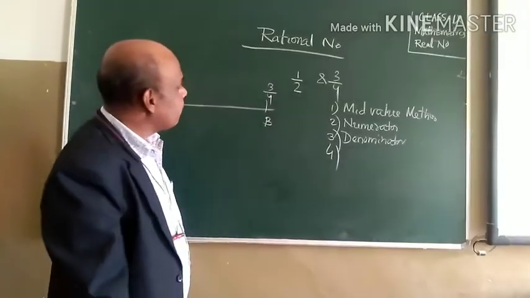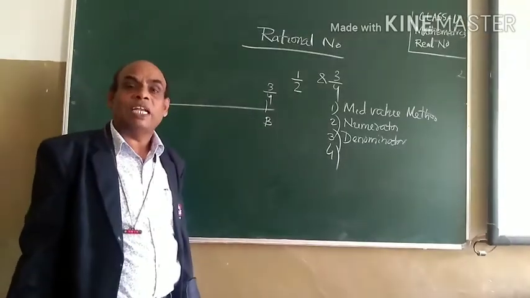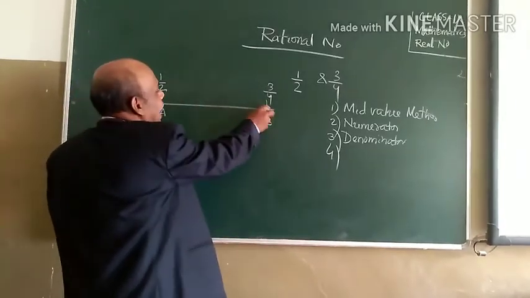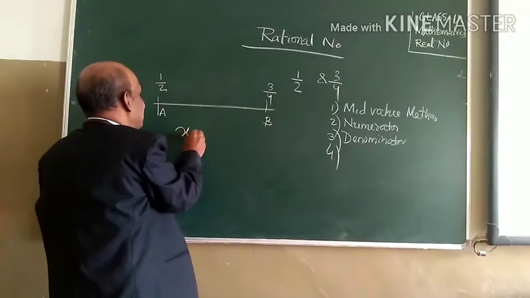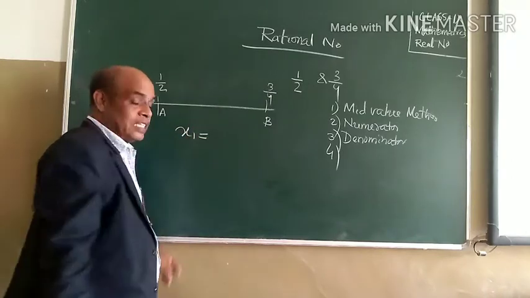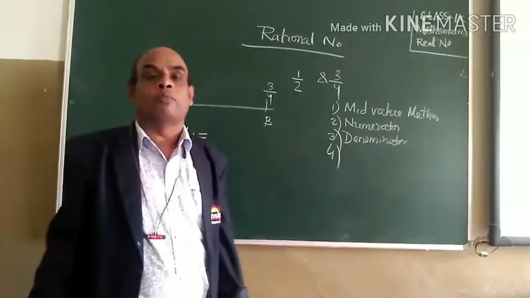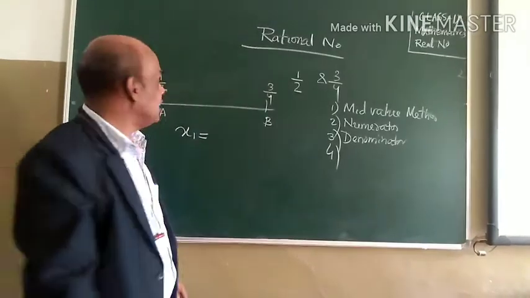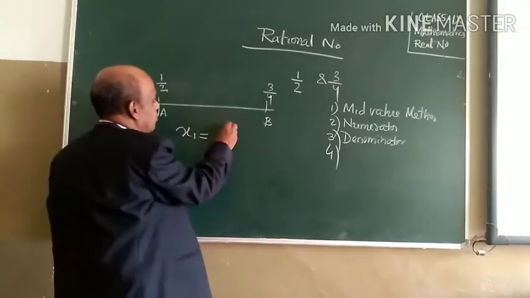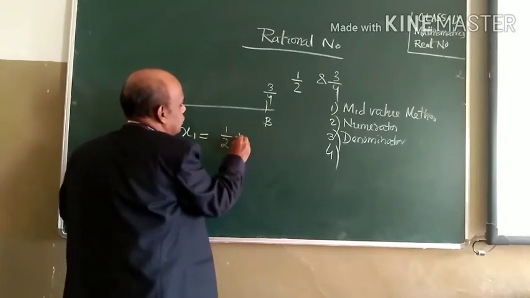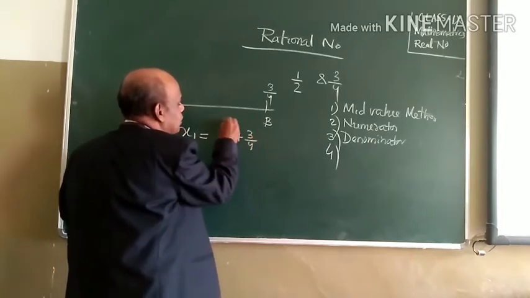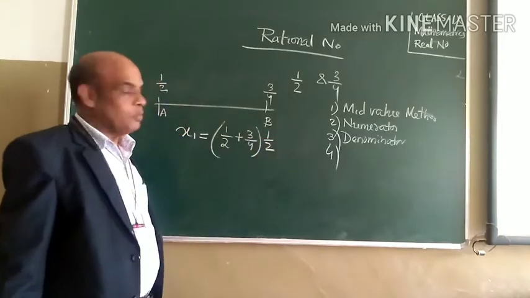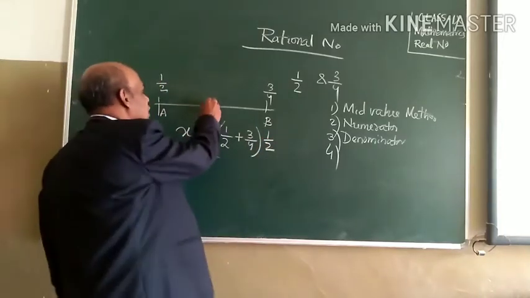In the mean value method, first you add the two. Suppose I write x1, one rational number. So what will I write? First number plus second number divided by 2, because we have to find the mean.